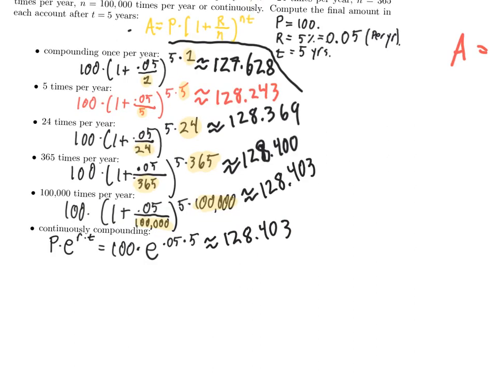Okay, we're back. So, having asked a machine to do the computations, which I assume you have done as well, when we compound once per year, for a total of 5 years, we wound up with $127.62. 5 times per year, $128.24. 24 times per year, $128.36. 365 times per year, so compounding every day, $128.40, almost on the nose. 100,000 times per year, $128.40.